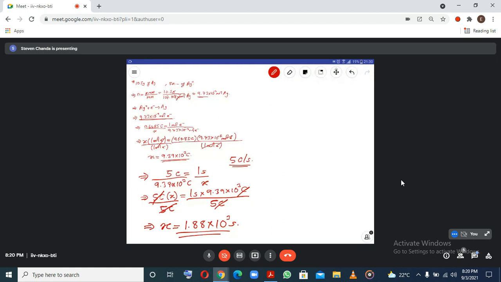Of course, you can use the necessary conversions to convert this to minutes, because minutes would be easier for somebody doing an experiment, which would be 31.3 minutes. Of course, we know the conversion factors, isn't it? So that's basically how you would go about these particular questions.